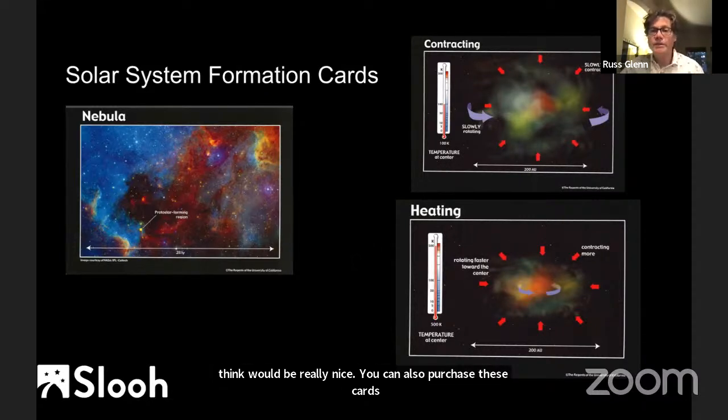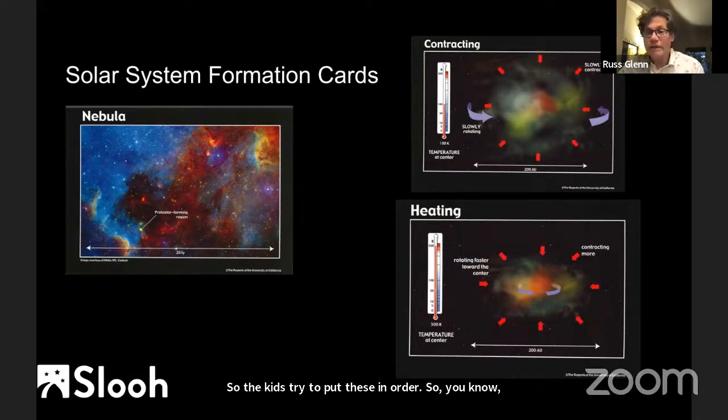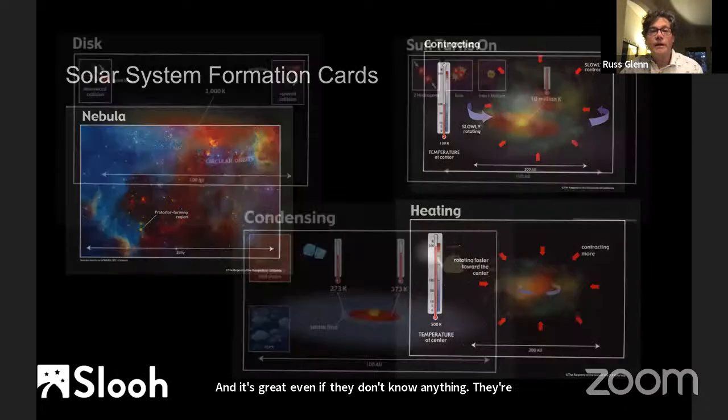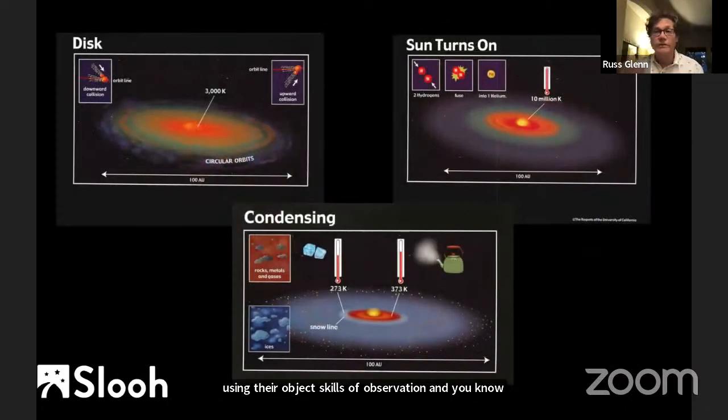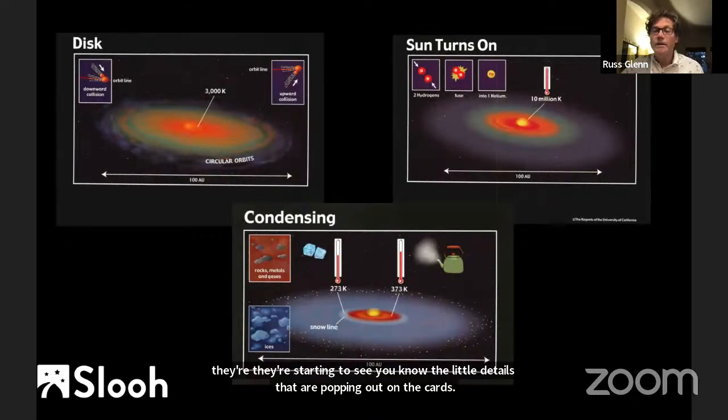So the kids try to put these in order. They get all these cards, and it's great. Even if they don't know anything, they're using their skills of observation. They're starting to see the little details that are popping out on the cards. They might be looking at the scale at the bottom.